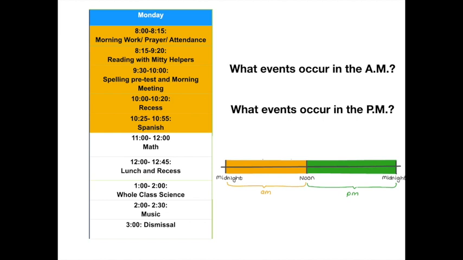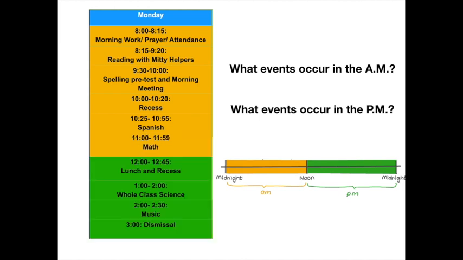Now, math is a little bit tricky. Do you think math occurs in the AM or in the PM? And remember, it has to be before noon. So math starts at 11 o'clock. I know that at 11 o'clock is still in the AM. However, I need to change this for math to say 11 o'clock to 11:59.